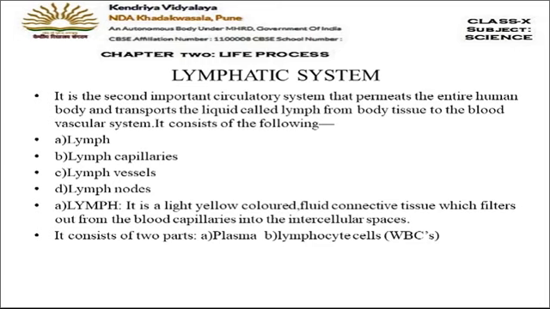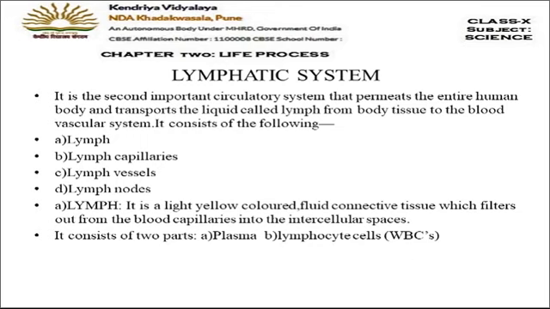If daily this much fluid comes out of the blood, then some day the body will get a shortage of blood. So this part of the blood which has filtered out from the capillaries has to be combined with the blood again so that there is no loss of blood from the body. Okay, so what does the lymph contain? Lymph contains plasma and some of the WBCs, which are then called lymphocyte cells.